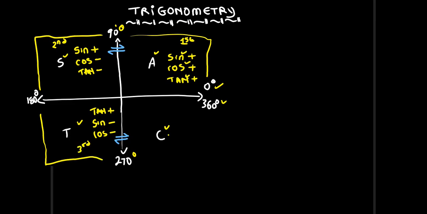And then this C here means that only cos is positive. Sine and tan are negative. Where? In the fourth quadrant.